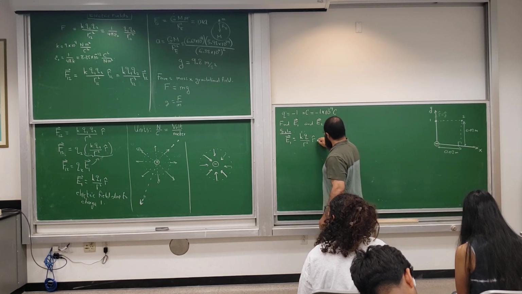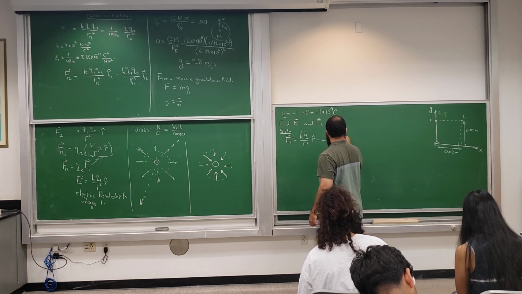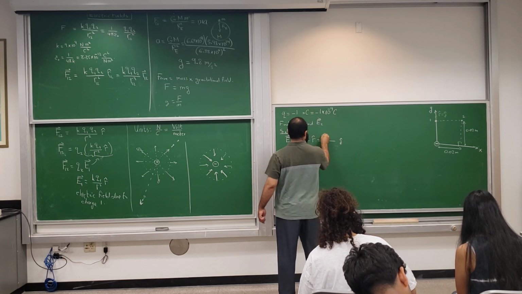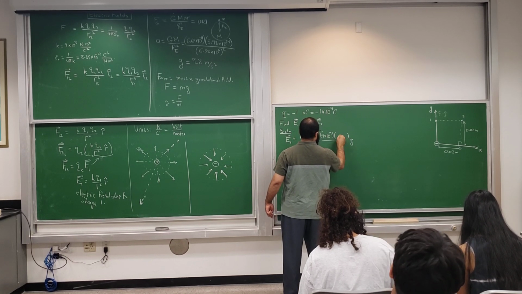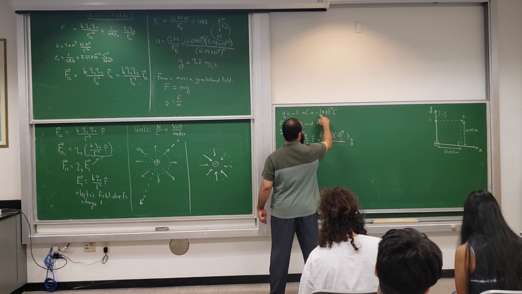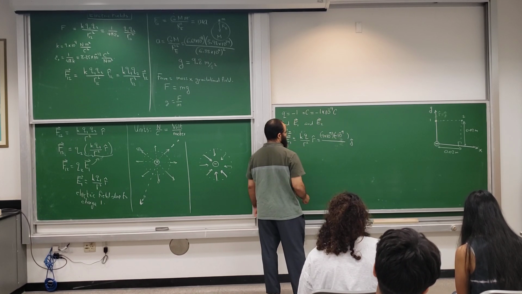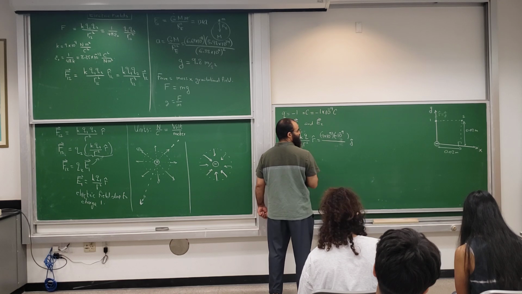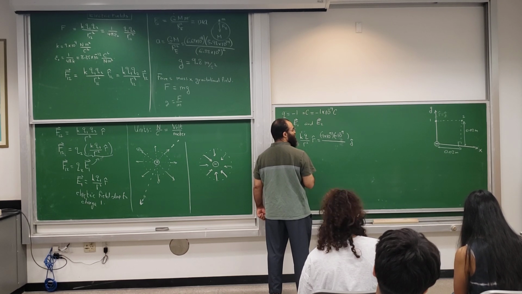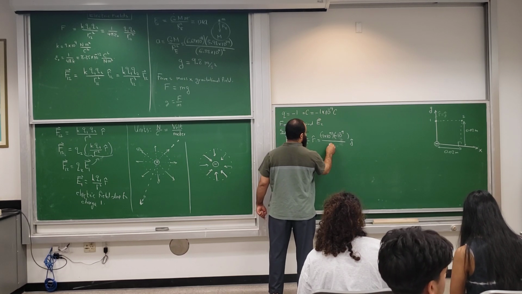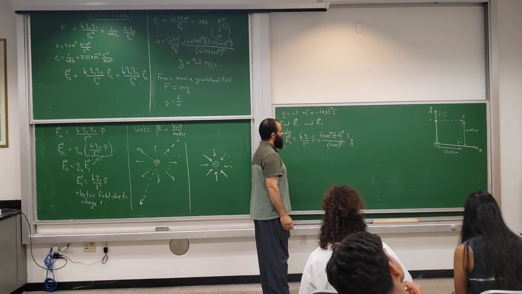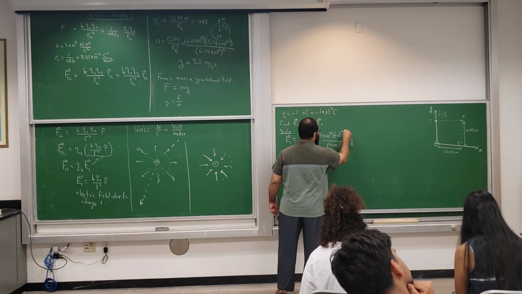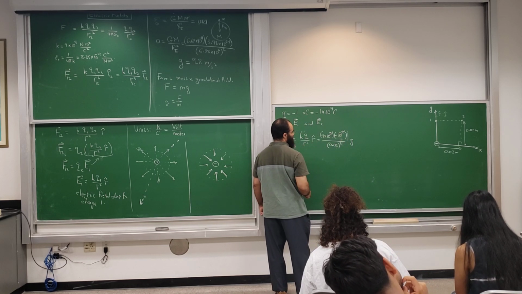So 9 times 10 to the 9. Probably need more space. And then 10 to the minus 9, right? For this one, or negative. And then how far is that point? 0.1 from, sorry, 0.02. So 0.02 squared. So 10 to the minus 9, 10 to the 9.